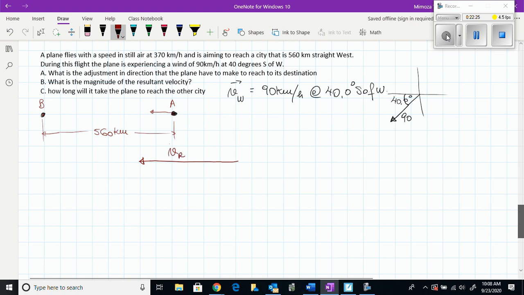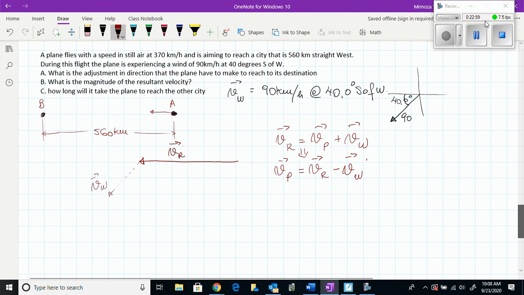The resultant velocity has to be west. We always start with the relationship that the resultant velocity is the velocity of the plane plus the velocity of the wind. From here, we find that the velocity of the plane will be the resultant minus the velocity of the wind. If we were going with the velocity of the wind, then we would go somewhere in this direction.